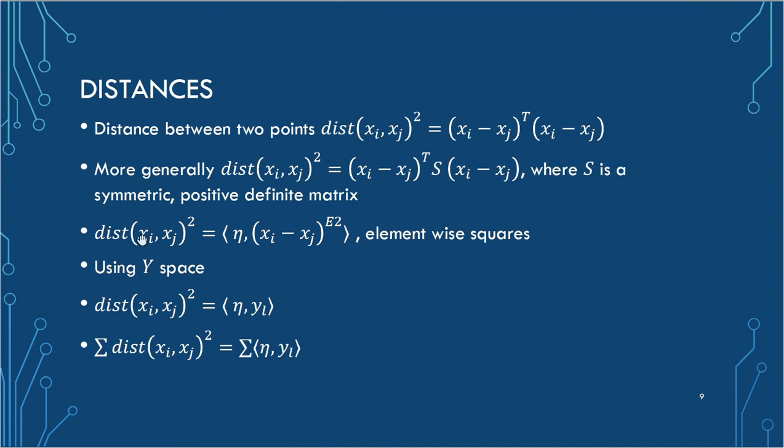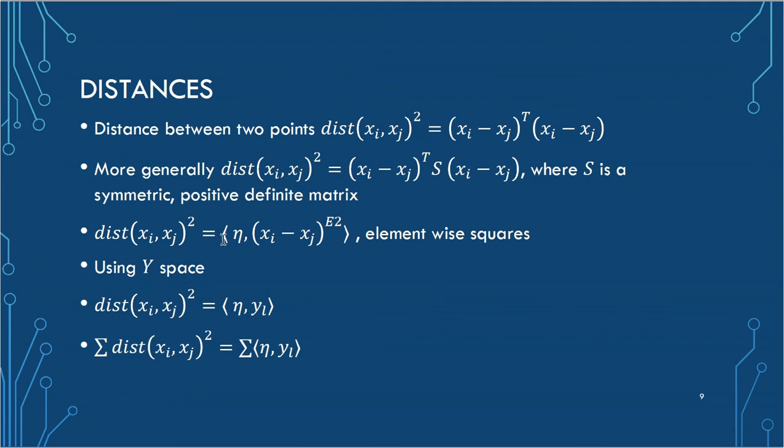Now we can write it like this, using an inner product, where eta is the inner product, and this is the element y squared. So xi minus xj element y is a square. If we use a symmetric positive definite matrix, we can diagonalize it and get a vector eta, and there is a reason to write it like that.